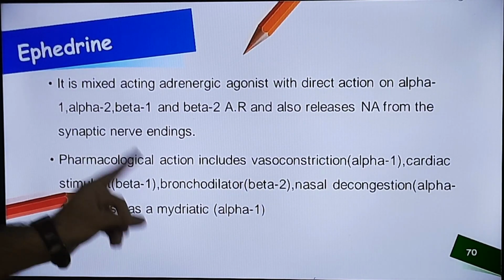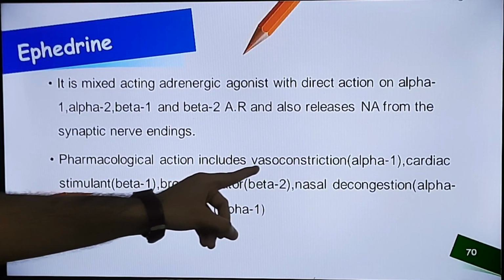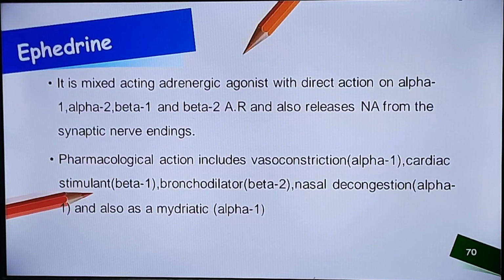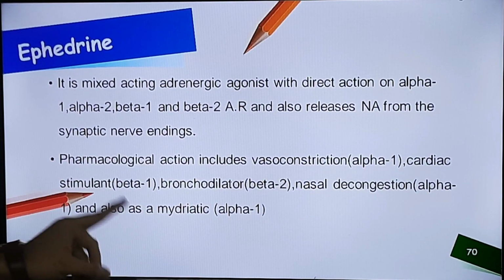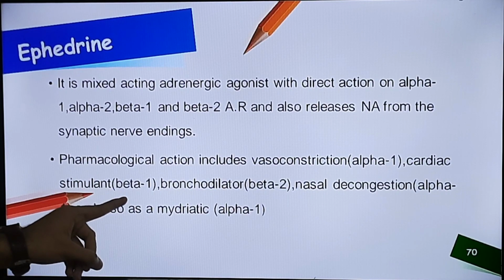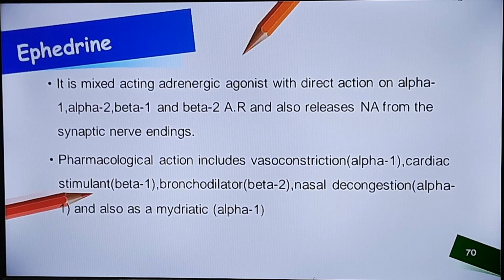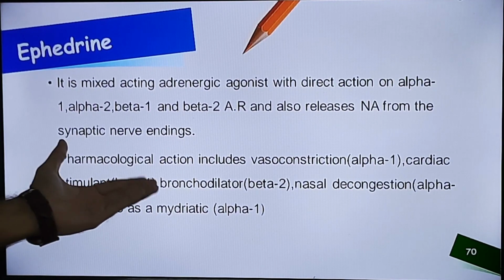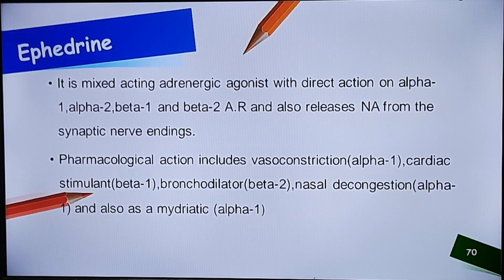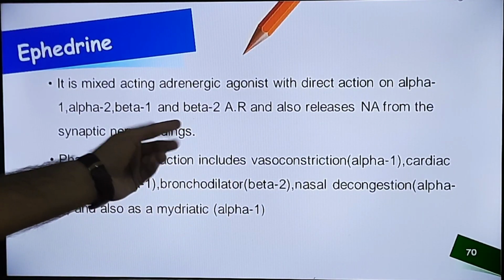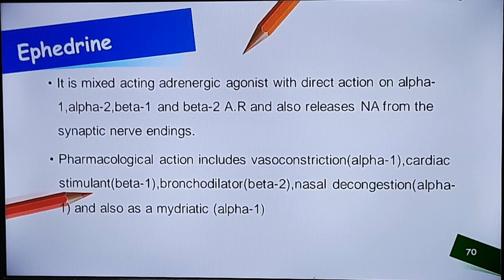So this particular drug is also constricting our blood vessel. It is cardiac stimulant. Why? Because in our human heart we have beta 1 and this particular drug can also stimulate beta 1 adrenergic receptor. Bronchodilator. Why? Because in our lungs we have beta 2 adrenergic receptor and again this drug can stimulate it.